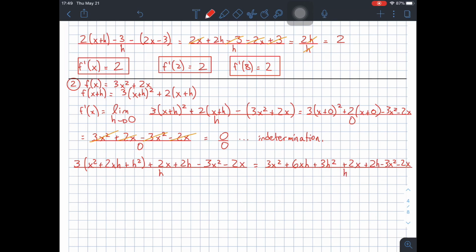So let's see if we can simplify like terms. Yes, we can. For example, 3x squared cancels out with minus 3x squared, and 2x cancels out with negative 2x.